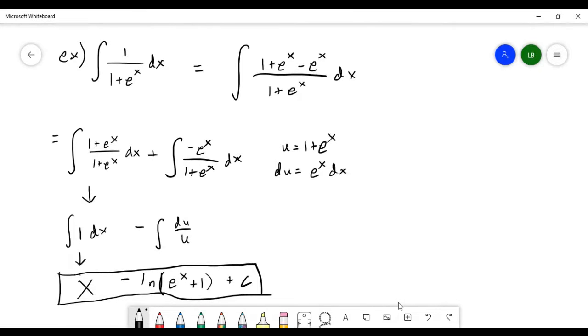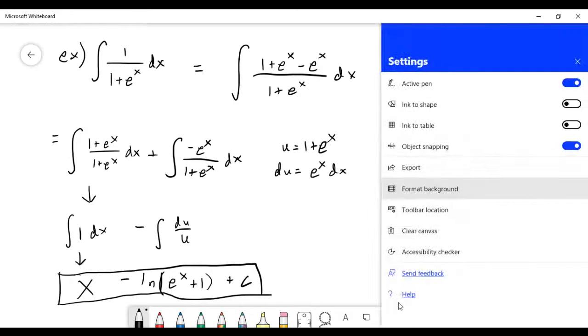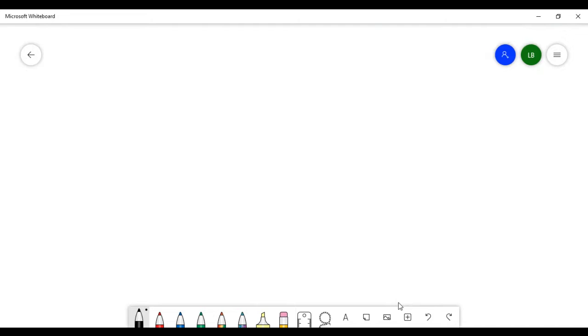Cool. In that case, let's go ahead and give you guys a few different practice problems. Integrals can be kind of tricky sometimes because there's usually no set way to find an integral. You just kind of have to keep trying a lot of different methods. It's not quite like taking a derivative in that case.